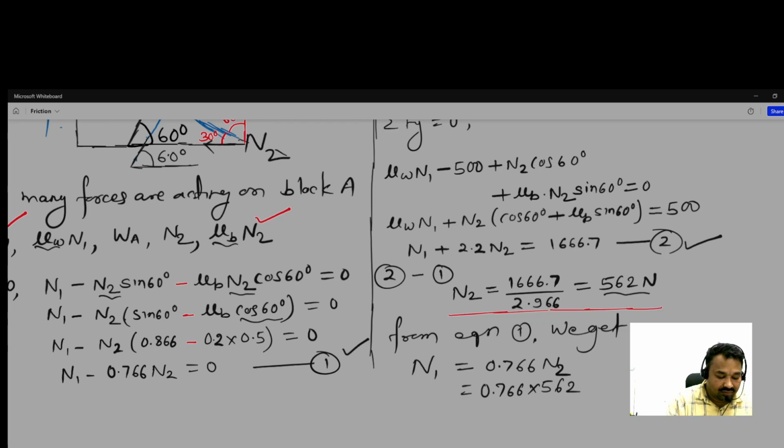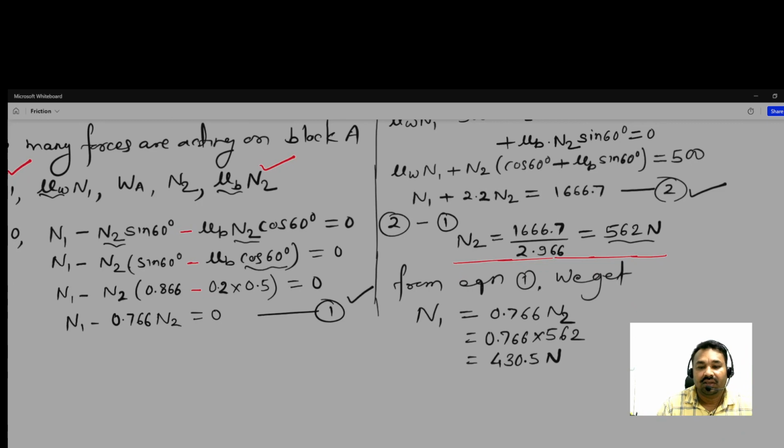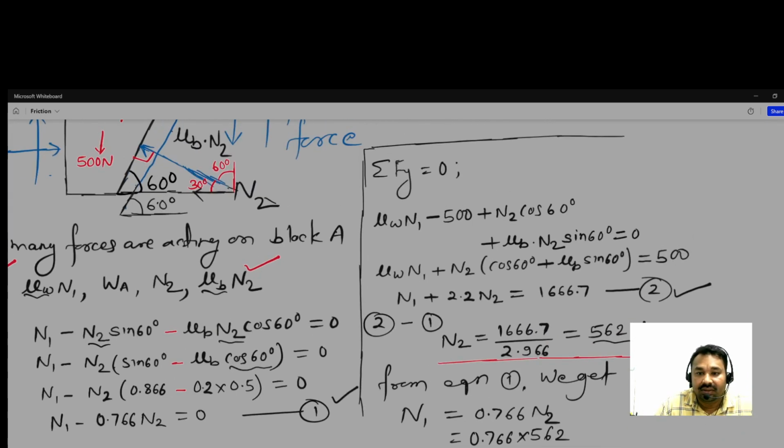So it is equal to 435.5 Newtons. Okay, so we got N1 and N2.